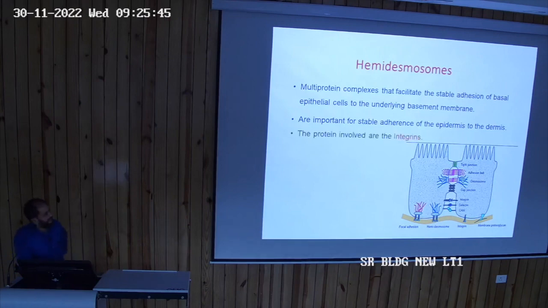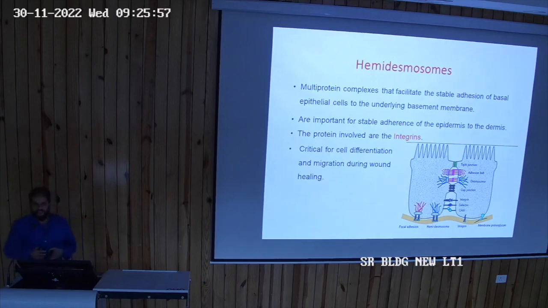Okay. And the protein involved here is integrin, and this is important for differentiation and migration. Wound healing में important होता है hemidesmosome. Okay, hemidesmosome is important in wound healing also. So it is critical for cell differentiation and migration during wound healing.